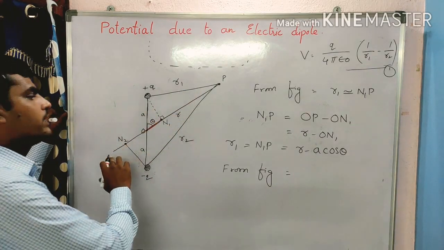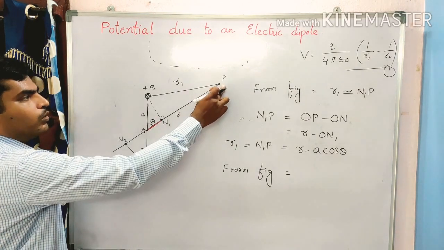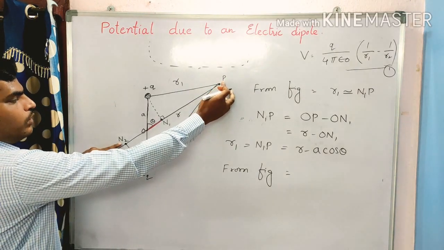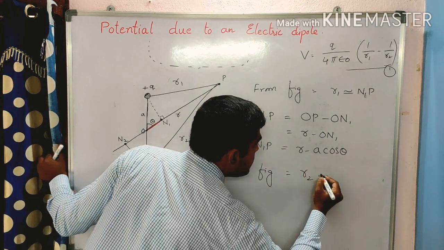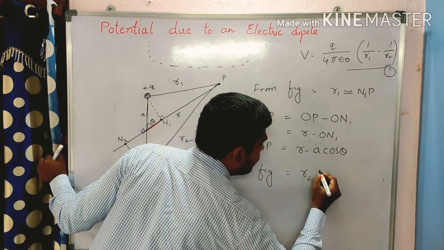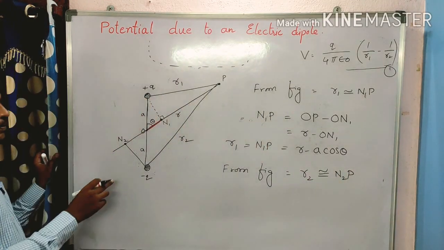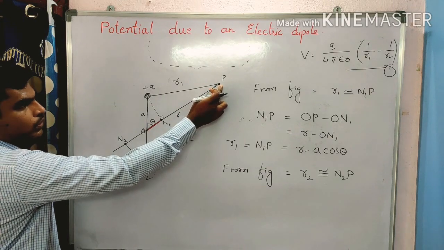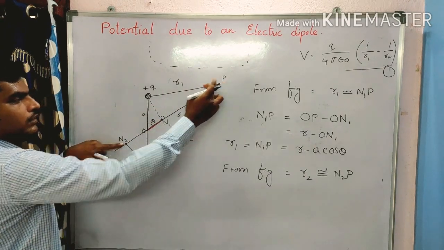Now from the figure I will write this one R2. Now this R2 is there, from here to here R2. This R2 is approximately equal to N2P.